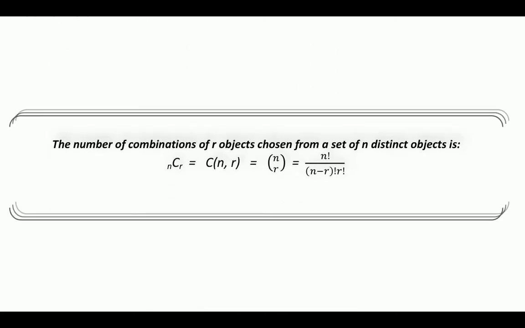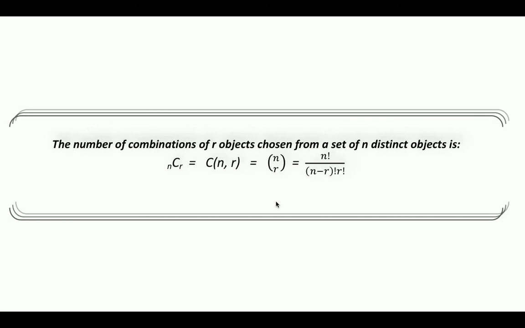So here it is. The number of combinations of R objects chosen from a set of N distinct objects is NCR. We can also write it as CNR, which is a lesser written form. We can also write it in big round brackets with an N over top of an R, no line, so it's not a fraction.